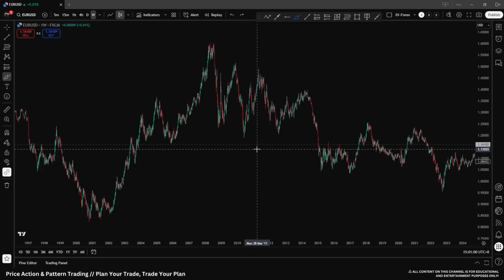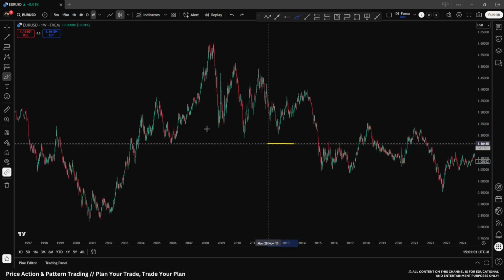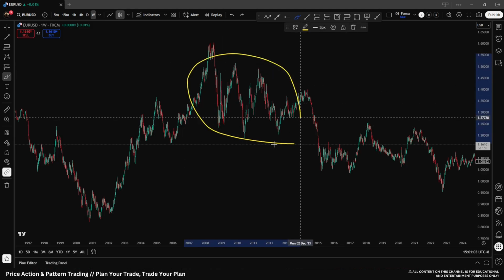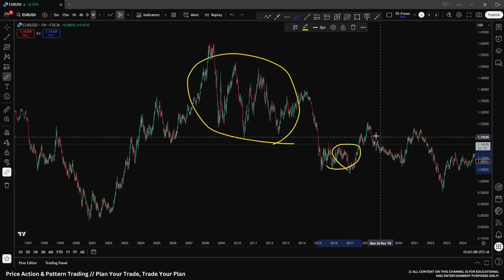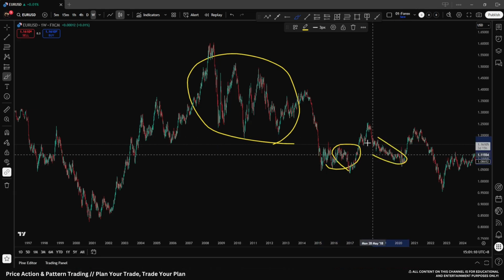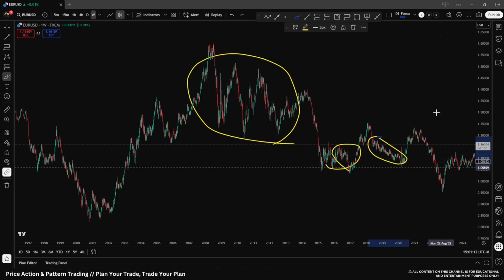And as you can see here already, there's a tendency that these corrective moves last longer. So the majority of time we are in the market, we are in these corrective phases.